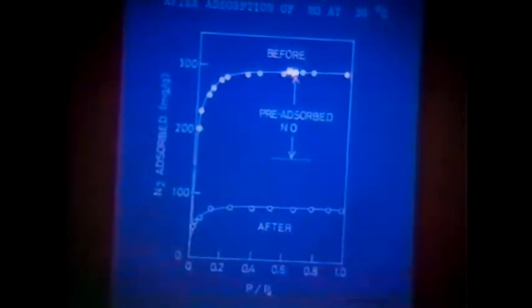The upper curve shows the adsorption isotherms without pre-adsorbed NO. On pre-adsorbing NO by this amount, the amount of nitrogen decreased, and this lower curve shows the adsorption isotherms of nitrogen after pre-adsorption of NO. The position of this isotherm is lower than expected from the amount of NO adsorption.